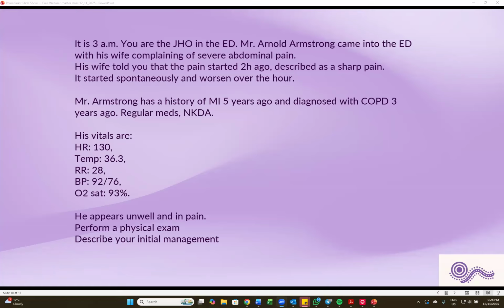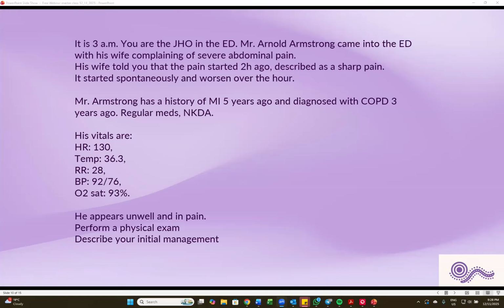So firstly, I would like to start with the superficial palpation. Right now, I don't know where he's telling diffuse pain, so I'll start with the right upper quadrant. I'll go in all the 9 quadrants. I'm palpating from the right upper quadrant to the left lower quadrant, and then I will do the deep palpation as well.